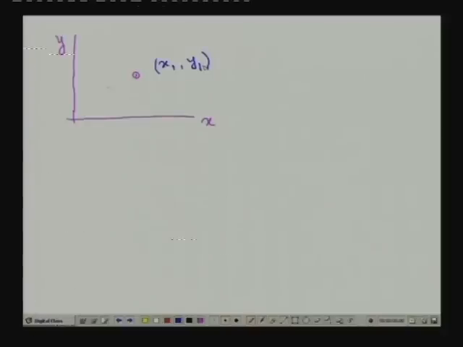Now, the equation of any straight line in the x y plane, as we have seen earlier in the slope intercept form, is given by y is equal to m x plus c. Now, if this straight line has to pass through this given point x 1 y 1, then x 1 y 1 must satisfy this equation.